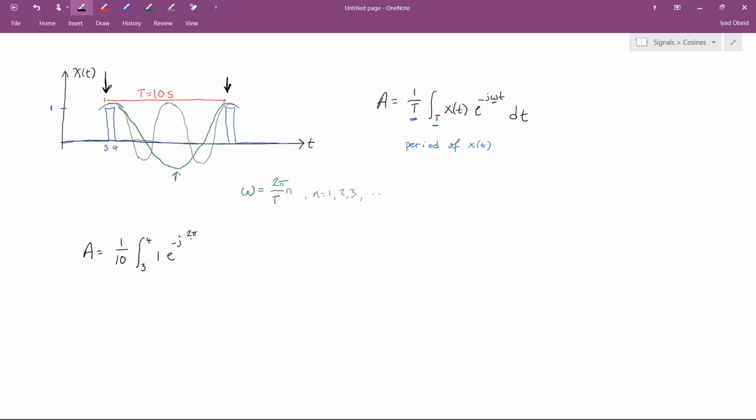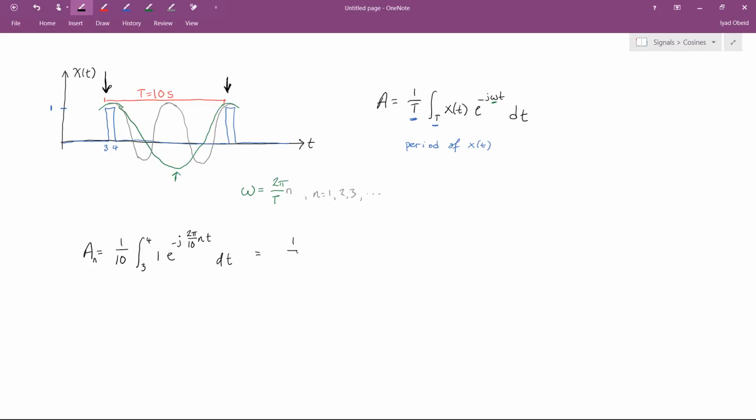So 2 pi over T times n, and then there's a dt, let's not forget that. The reason I'm doing this is that this is going to give me the solution for any value of n. I don't want to have to keep resolving this integral every time I change frequencies. It would be nice just to do it once. And to specify, this is going to give me a sub n, the nth value of a. I could replace this T with a 10. There we go, that looks a little better.